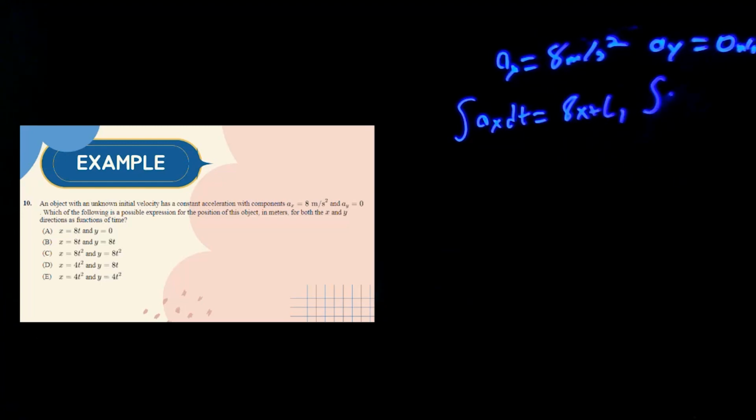The integral of a of y dt is just simply plus C, because if you slap a t on the 0, it just becomes 0 and cancels out. It's essentially a constant because it wouldn't be changing. So that would be C2.